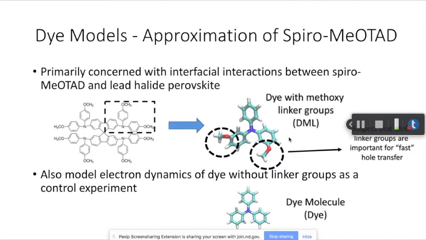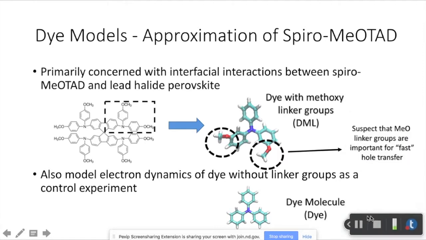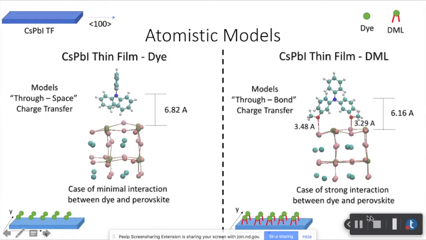To save computational expense, we made an approximation where we cut it into a segment, a fourth of the whole Spiro-MeOTAD molecule, as you can see on the right. We also do a control experiment without the methoxy linker groups because we suspect that the methoxy linker groups play a vital role for fast hole transfer.